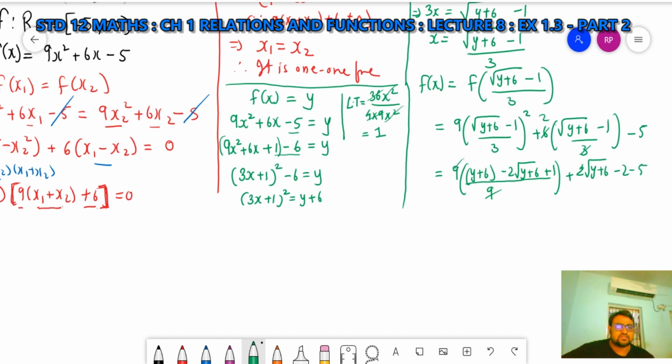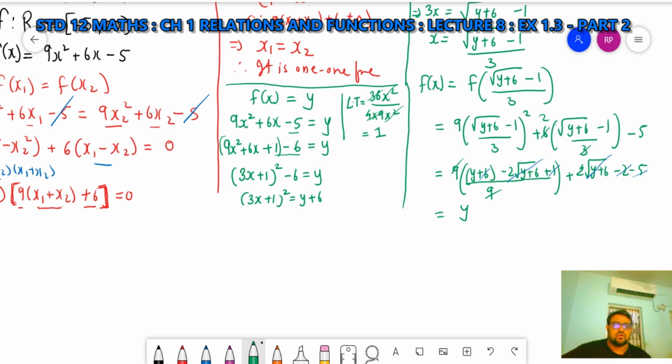Here the 9s get cancelled. So this will be equal to y + 6, or else I can easily write down here: minus 2 into root(y + 6) plus 2 into root(y + 6). 5 minus 2, that is minus 7, and here 6 plus 1, so that is 7. So the answer I got here is y.